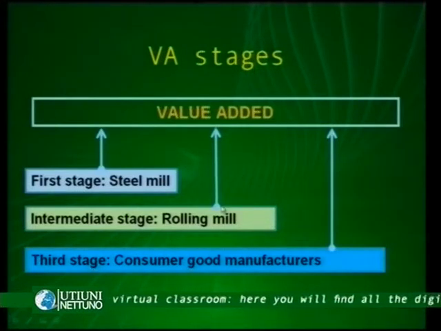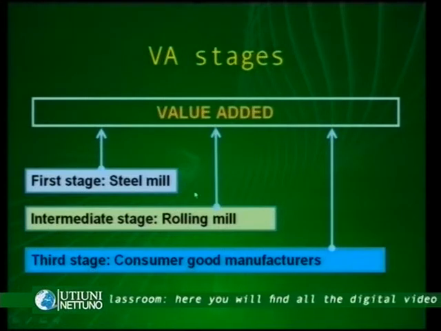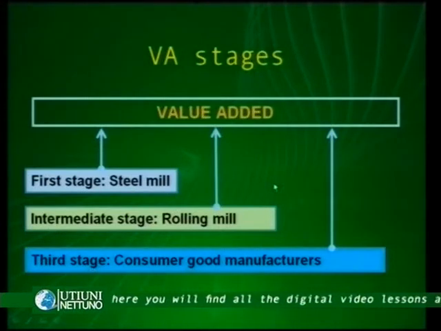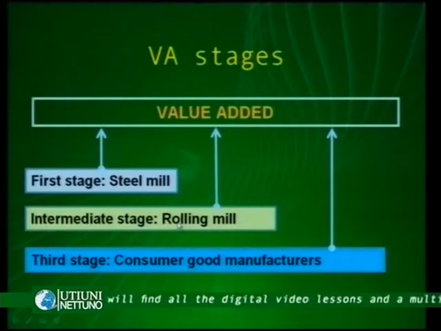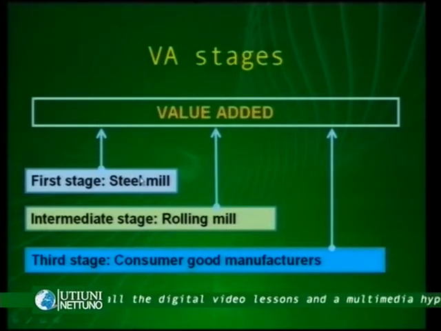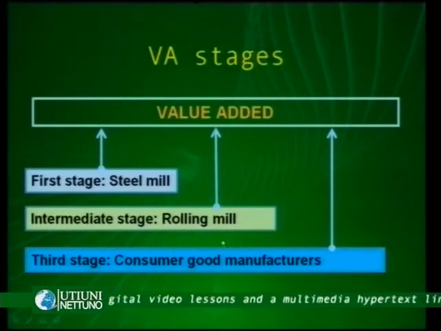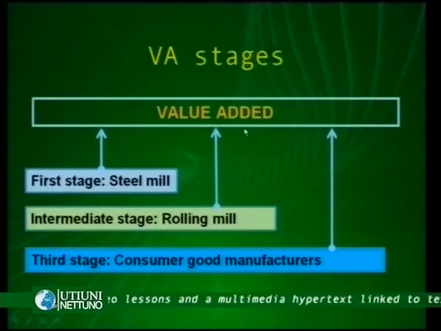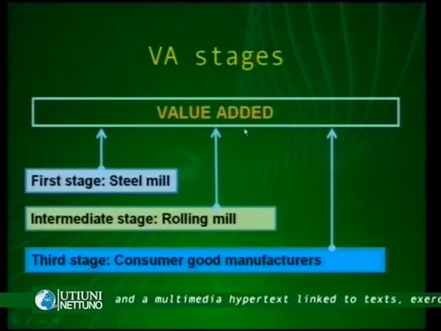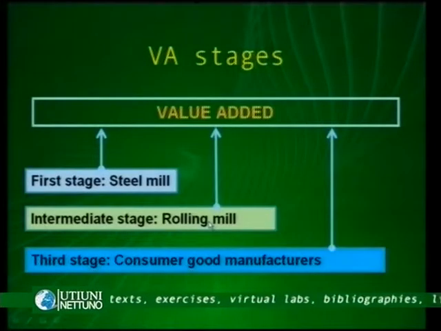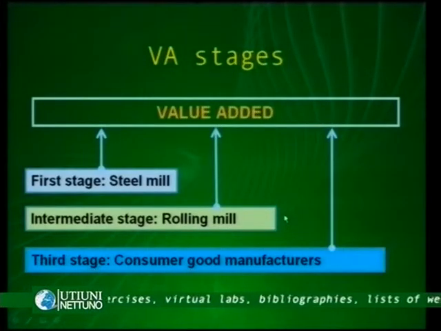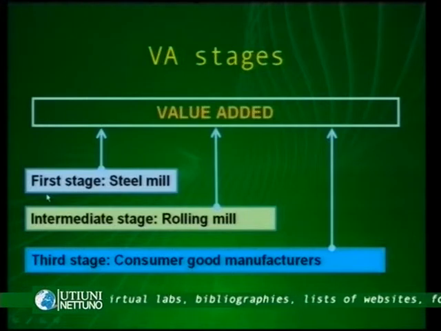And as you can see here, the difference is only represented by the portion that represents the difference between each stage as compared to the previous one. So in other words, what we are doing to determine the value added generated by each production stage is to subtract from the output of that stage the input of the previous stage.